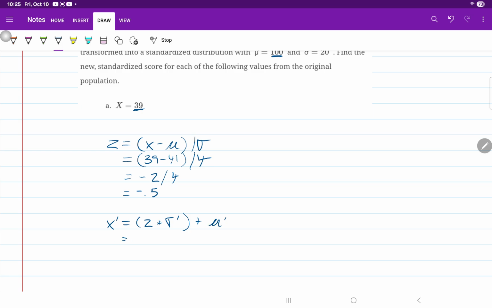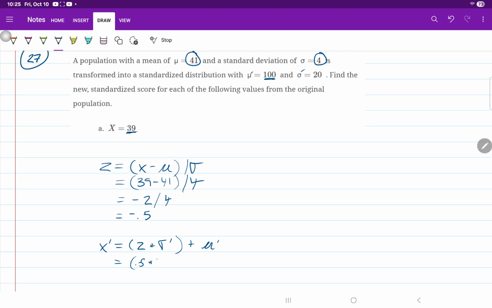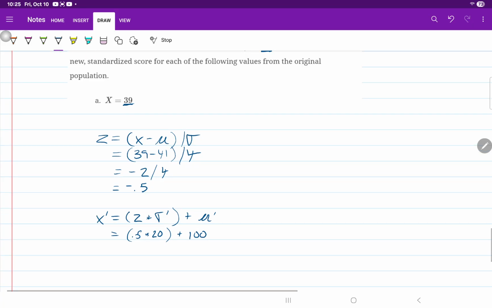So let's figure that out. In this case, our z-score is 0.5. We multiply that by our new standard deviation, which is 20, and add our new mean, which is 100. So 0.5 times 20 is 10, plus 100. So x prime equals 110.